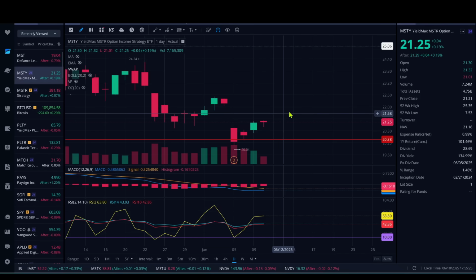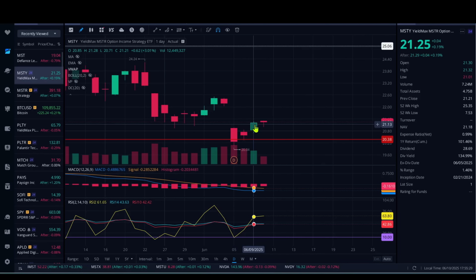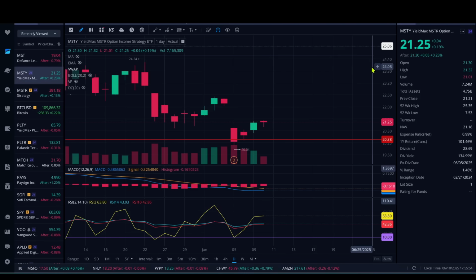So that's why it's green, because the close of today is above the close of yesterday, even though it opened higher than it closed today. So I wanted to explain why that's a red candle, even though you've got some green numbers up here. So in summary, it did go up today.